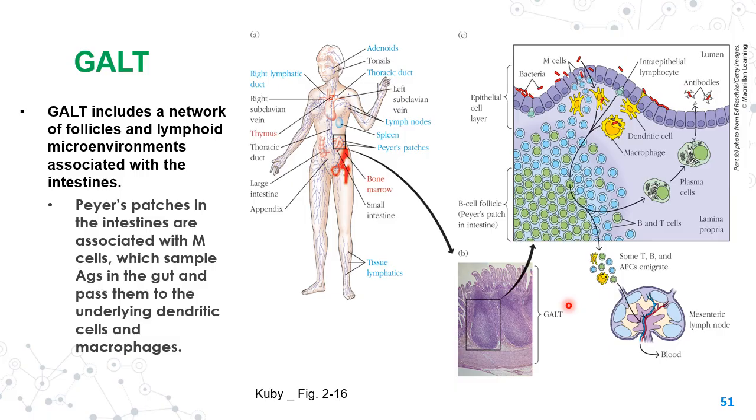A lot of things are happening in the Peyer's patch that is very similar to what happens at the lymph node. But those microfold cells are really cool cells of Peyer's patches.